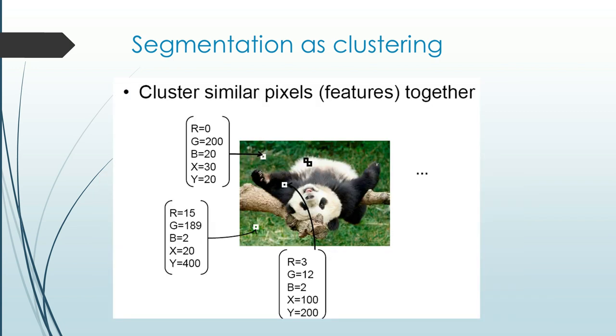So how do we fix this? One way is to include the position of the pixels as part of the inputs. So in this case, for example, if we have the image and we have the RGB values, if we put the X and Y position, then we can make sure that the clusters will have similarity not only in the color space, but also in the spatial space.